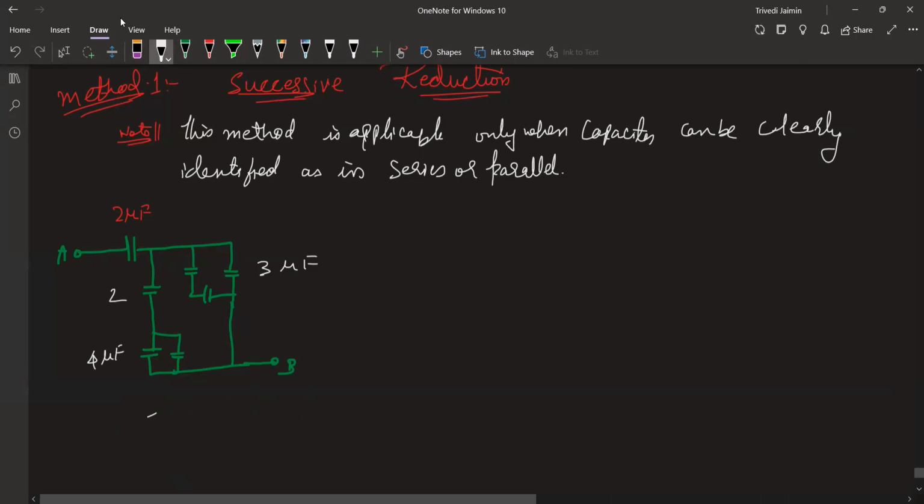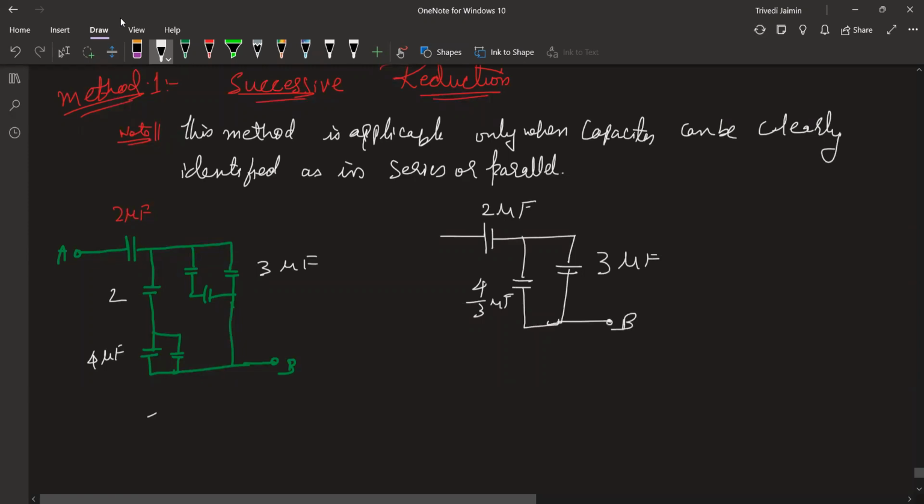Okay. So I'll directly solve here. I'll write the values. You know how to solve, right? Check your answer with me. I'm getting 3 microfarad here. This is 4 by 3 microfarad. And this is 2 microfarad.